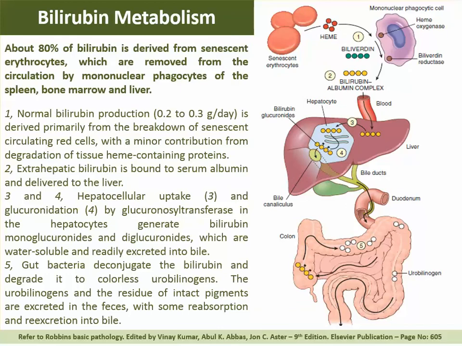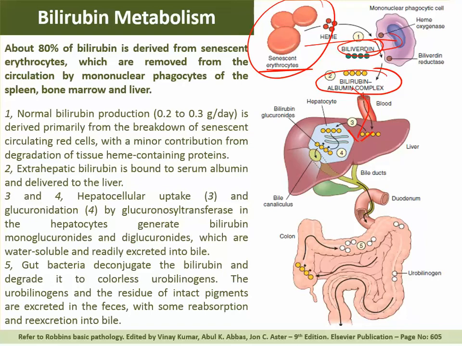Now coming to bilirubin metabolism, it was already discussed by Dr. Rukshana, so I will give a small revision for you. How is bilirubin formed? First you should know that it comes from old RBCs. The old RBCs are taken by the macrophage, and the macrophage produces biliverdin, and the bilirubin albumin complex is formed in the blood and goes to the liver.